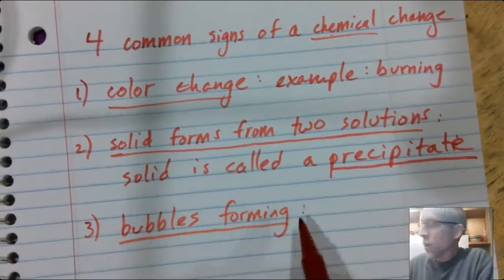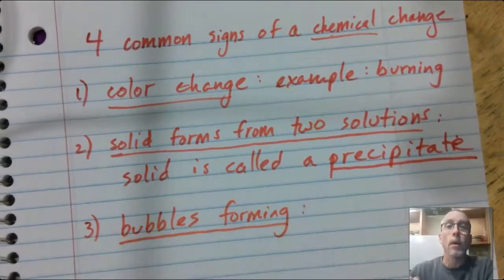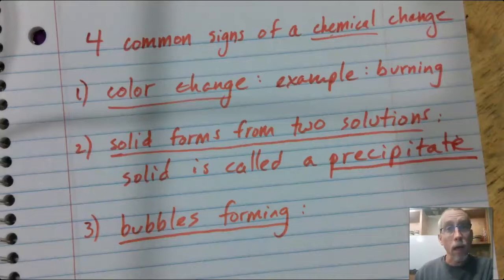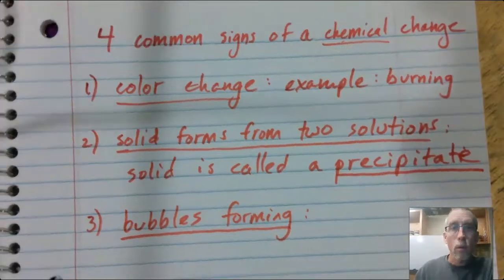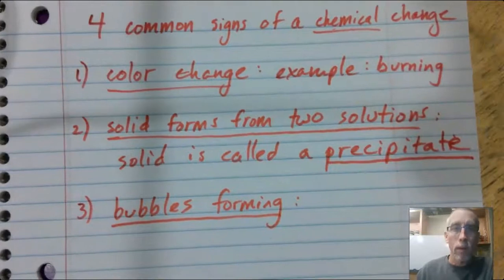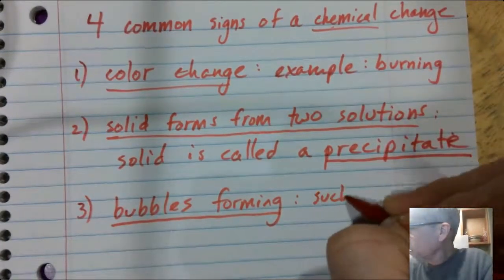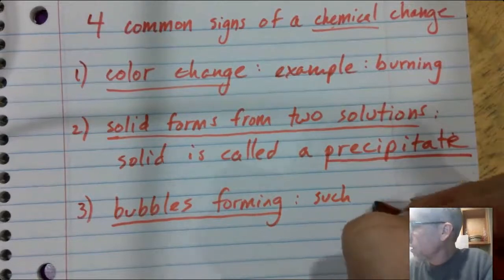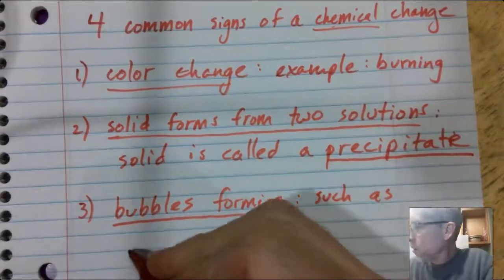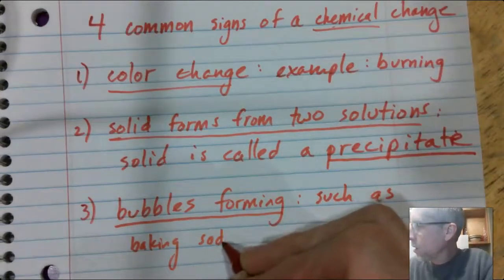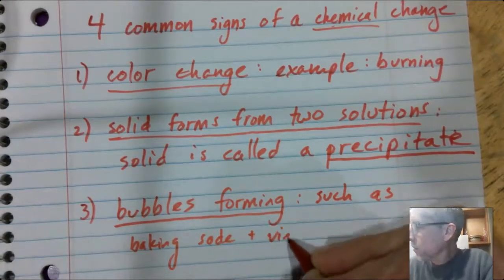Typically, gases aren't a common reactant, but they are a common product. And that's not always true. As I pointed out, like in photosynthesis, you have to have some carbon dioxide, and that's in the form of a gas. But when you have those bubbles that form in a liquid like that, that's a pretty sure sign that you got a chemical change happening. So I'll just write down this example here, baking soda and vinegar.